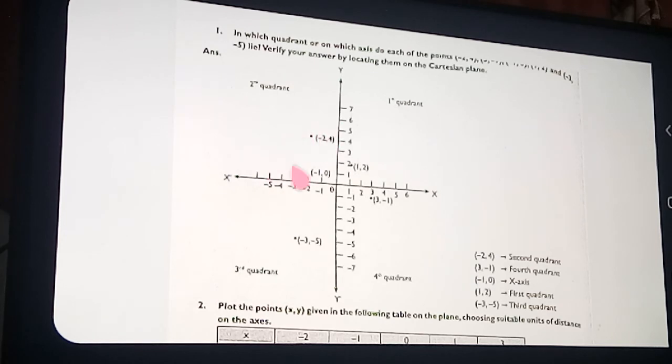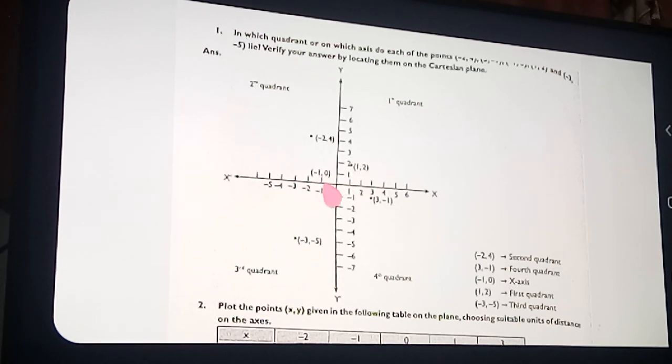So listen. What is the first point? -2, 4 means on the x-axis take -2 and on the y-axis take 4. In the graph book you can see a 5 division graph, a 10 division graph, which you can purchase if you need.